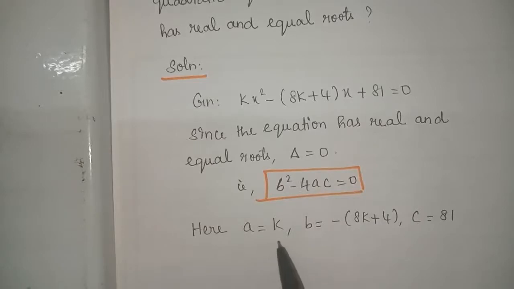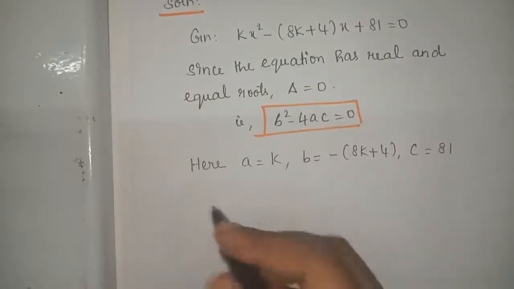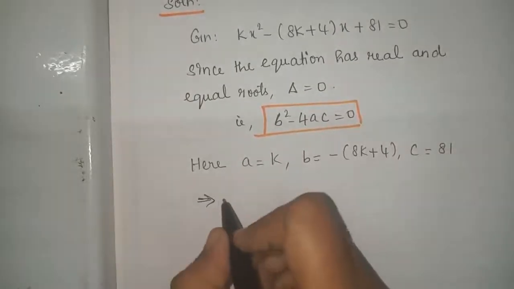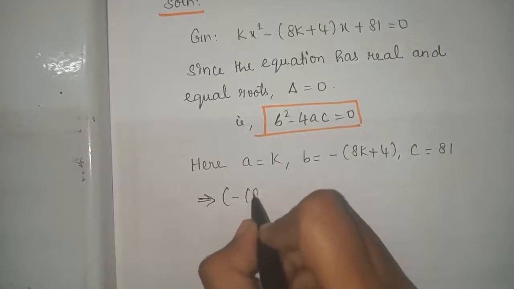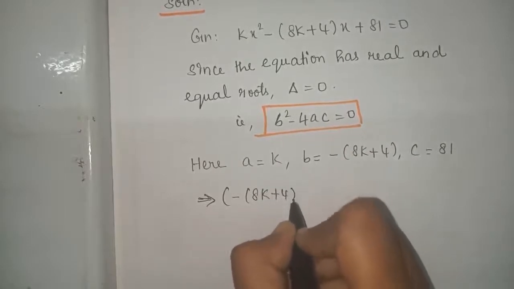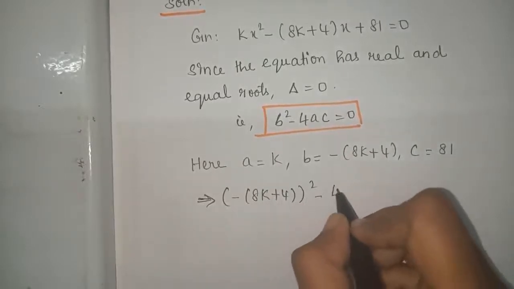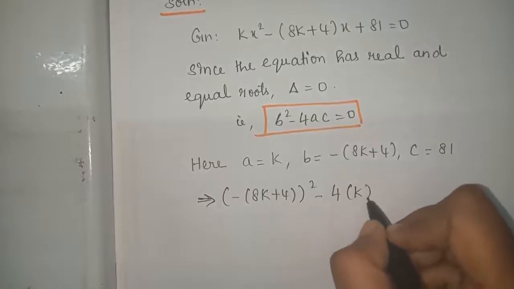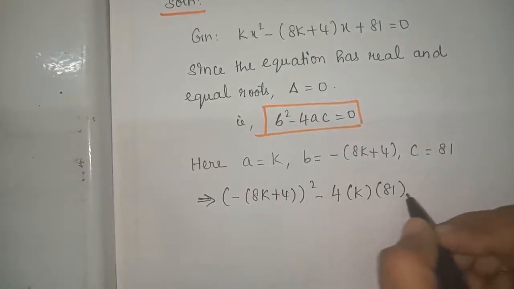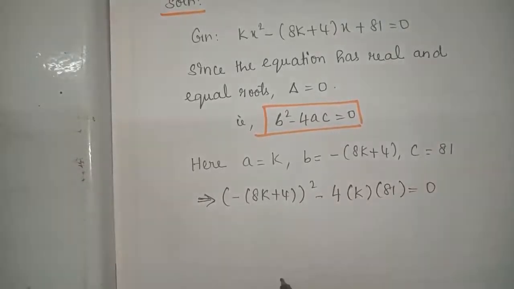Here a is equal to k, b is equal to −(8k + 4) and c is equal to 81, which implies b² − 4ac = (−(8k + 4))² − 4 into k into 81, which is equal to 0.